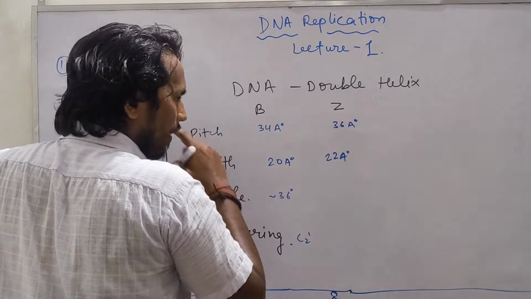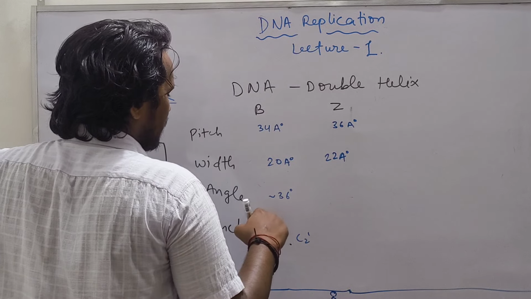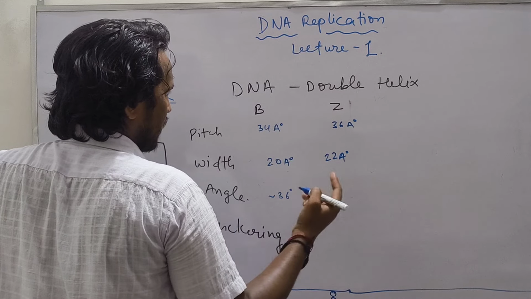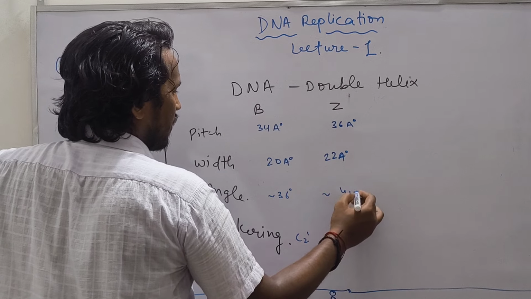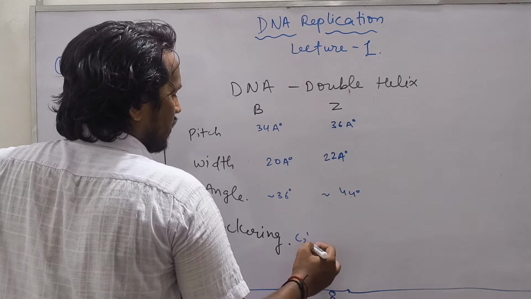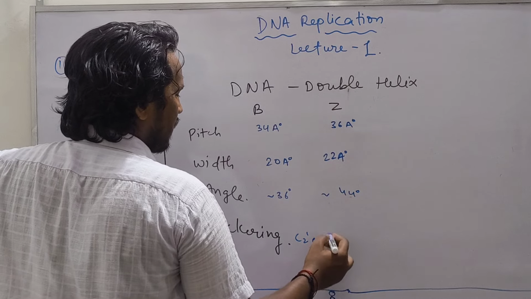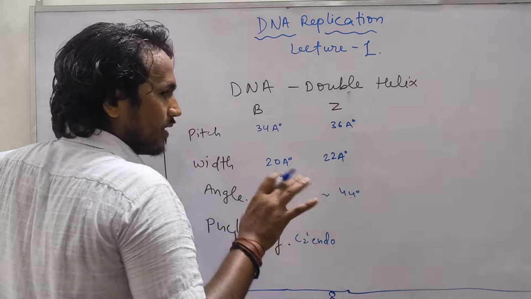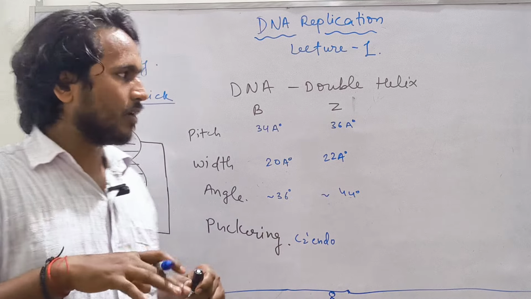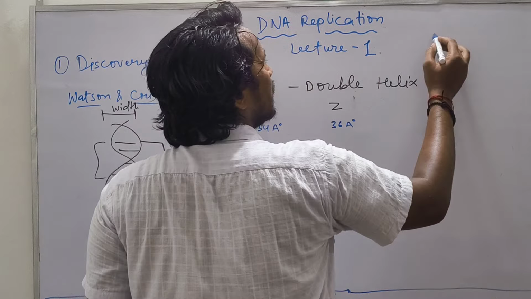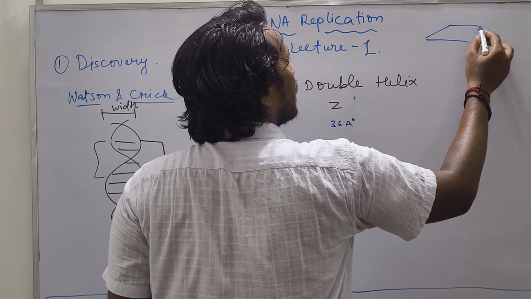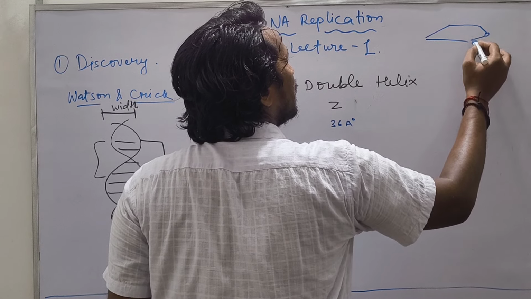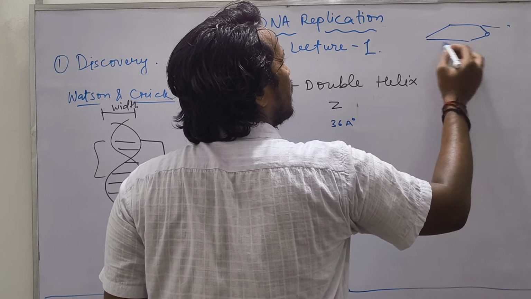Now, the angle between these two nitrogenous base pairs is around 44 degrees. This is C2 endo puckering. Like the second carbon, there are 5 carbons; I will show you here. These 5 carbons are there. 1, 2.